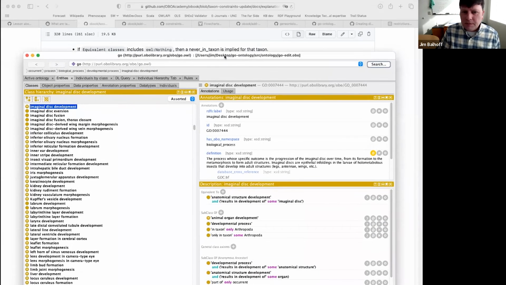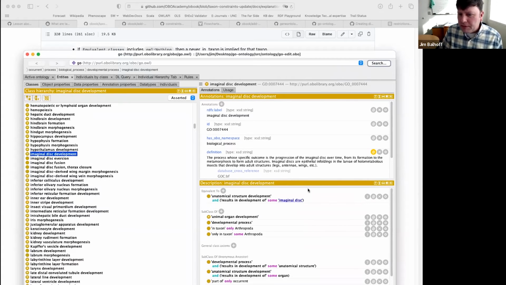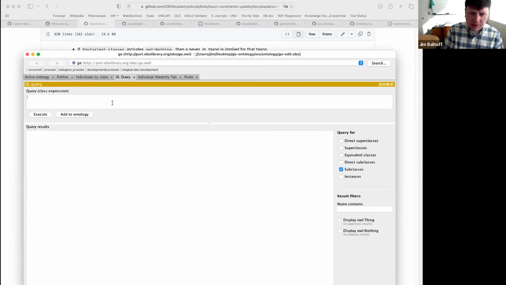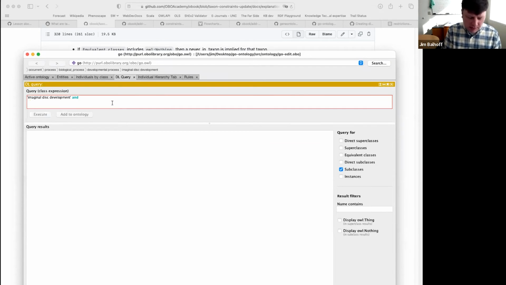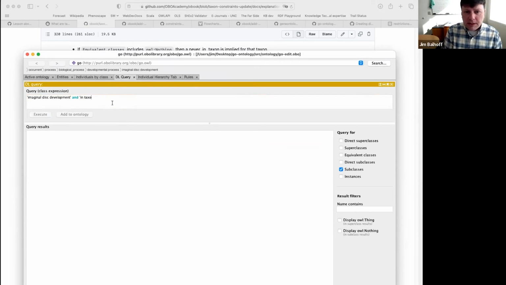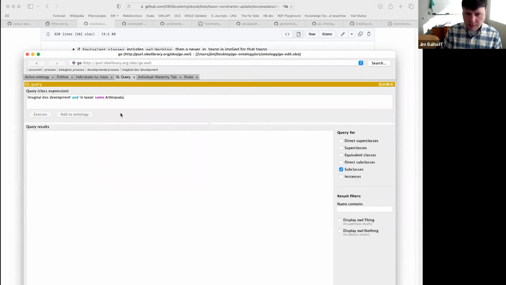Okay, is Protege visible now? Okay, so just as an example, this is the GO edit file. And we have this term, imaginal disc development. I've turned on the reasoner. And just to show you what I meant with the other things, let's do this first: imaginal disc development and taxon some, let's pick arthropods.